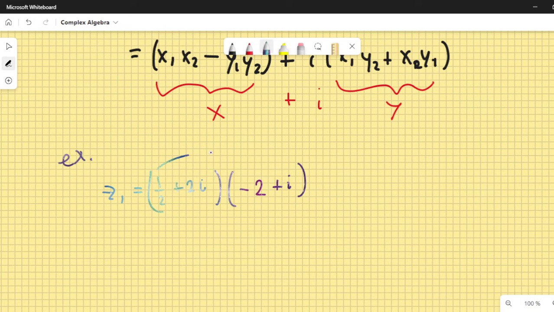So I just perform the multiplications like this. 1/2 multiplied by -2 is just -1, right? -1.